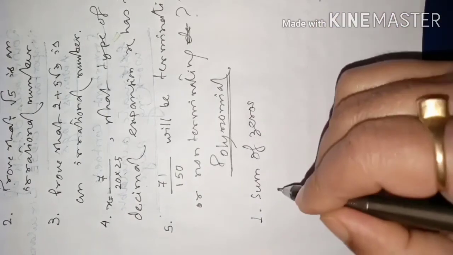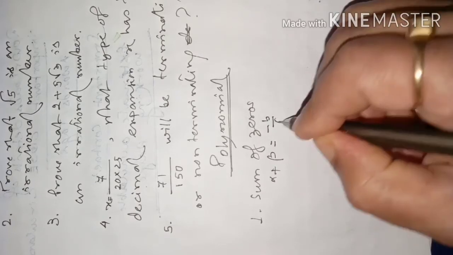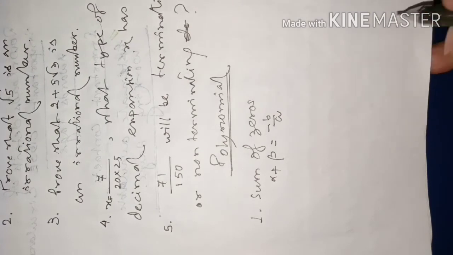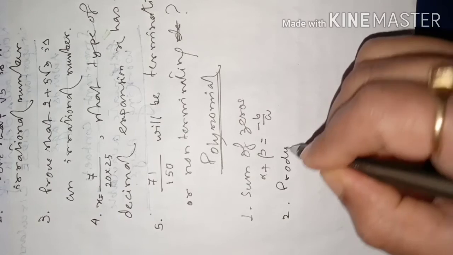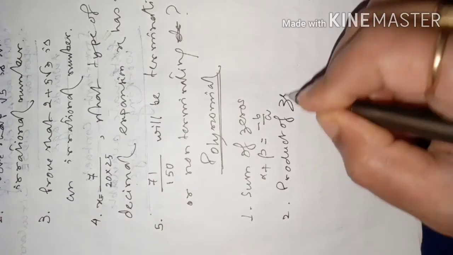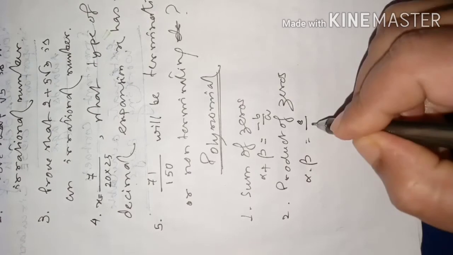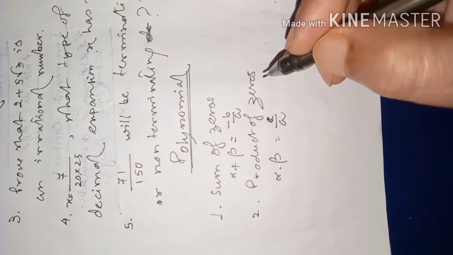Sum of zeros, that is alpha plus beta, is equal to minus b by a, coefficient of x divided by coefficient of x square. Secondly, product of zeros, alpha into beta, is equal to c by a. These types of things you should go through.